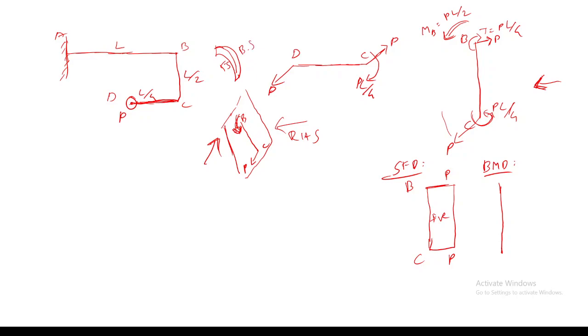This front surface gets contracted due to bending moment at the profile plane or the right hand side plane. So the bending moment will be negative, and this will be PL by 2 and this will be negative.